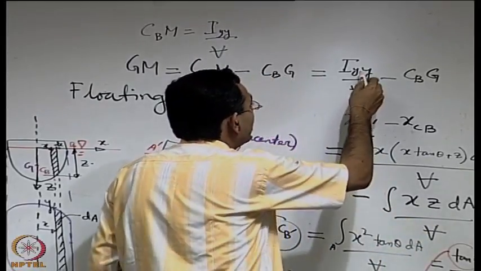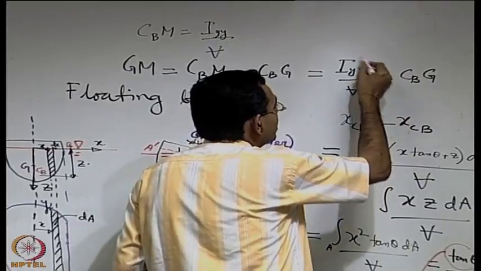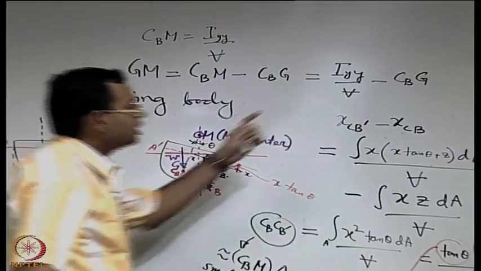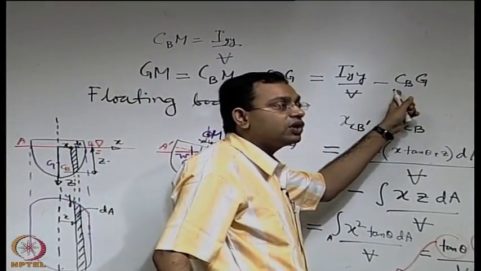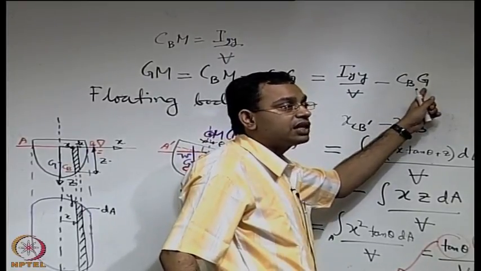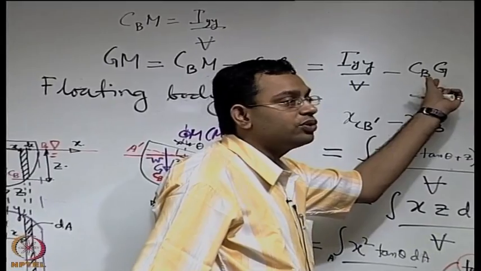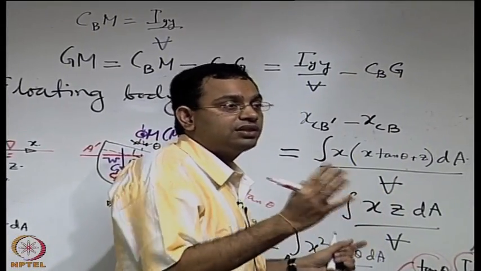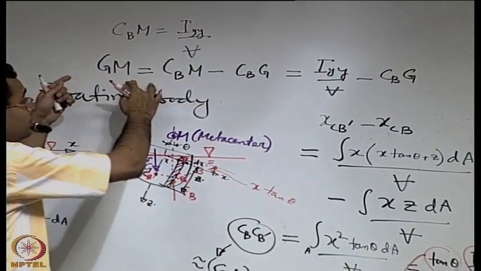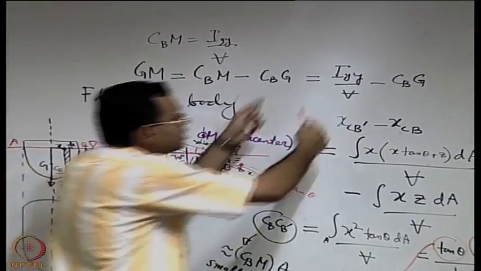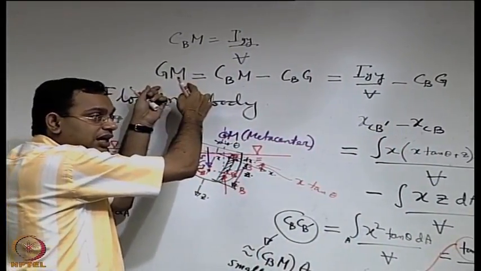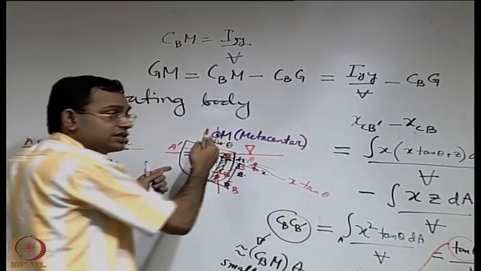So Iyy and V can be calculated based on the original configuration, and CB is the location of the original center of buoyancy relative to the body, G is the location of the center of gravity relative to the body, and the distance between those two does not change with deflection. So we are able to express something which should be a function of deflection in terms of certain things which are not functions of deflection. Therefore this is also not a function of deflection, and M remains sort of fixed.